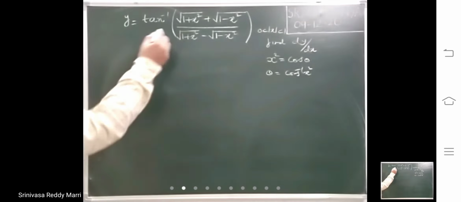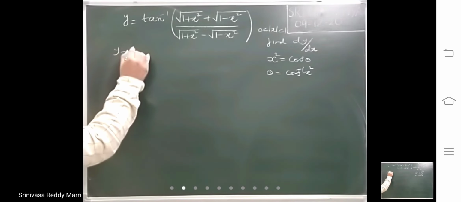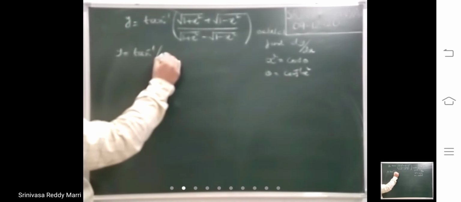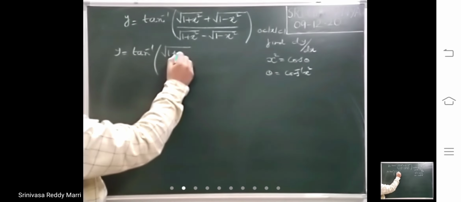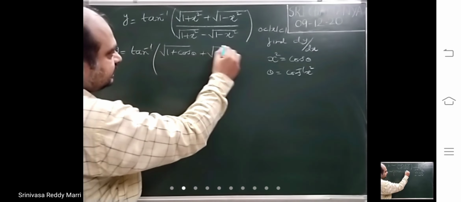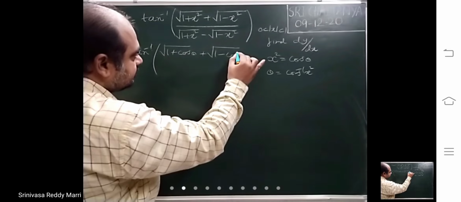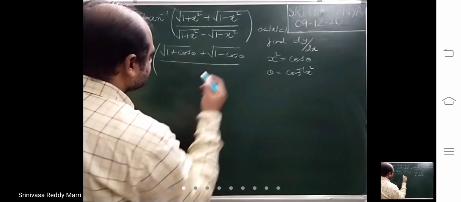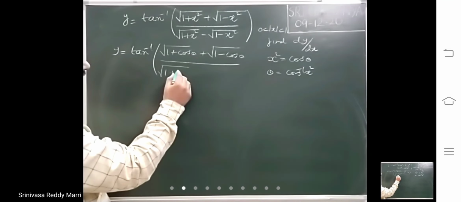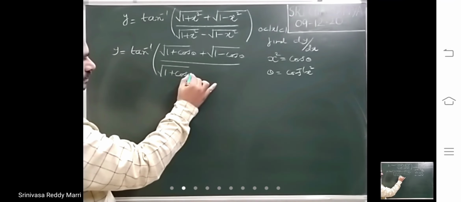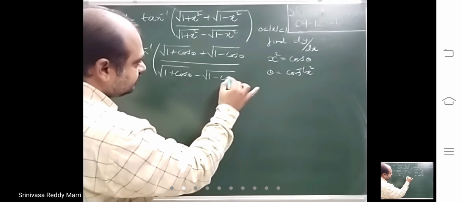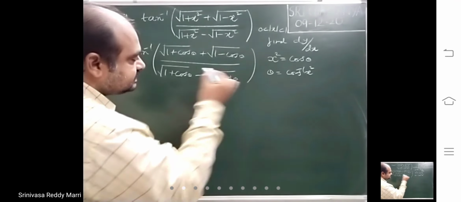Let us simplify this expression. Tan inverse of root of 1 plus cos theta divided by root of 1 minus cos theta, after substitution.